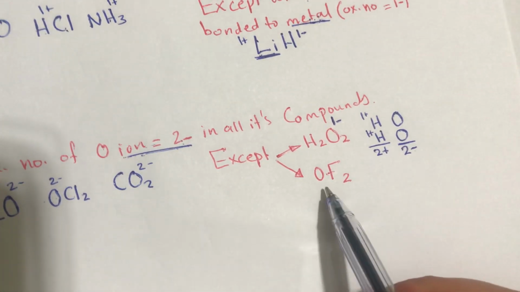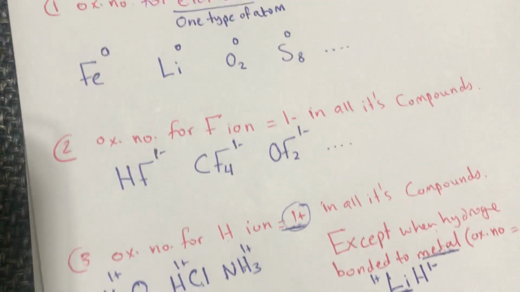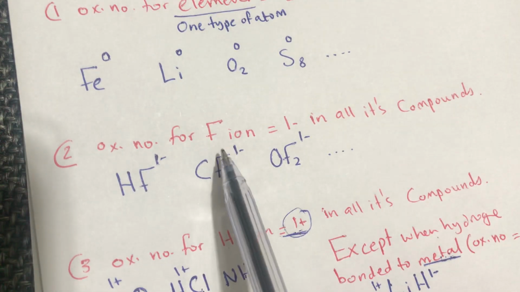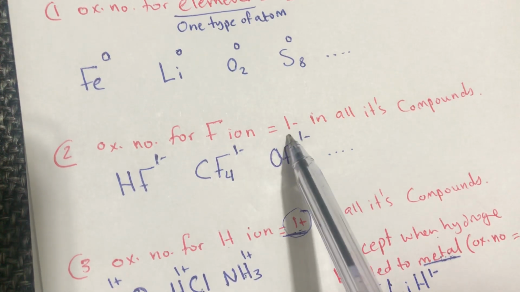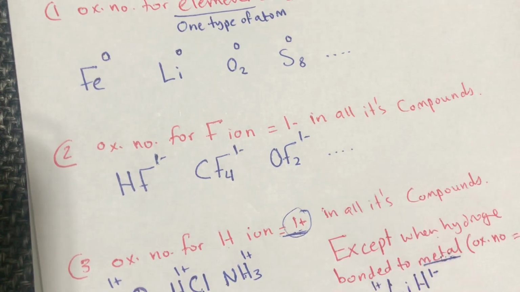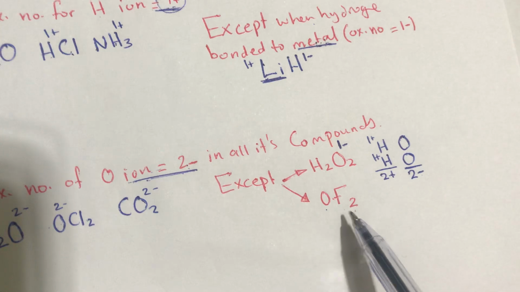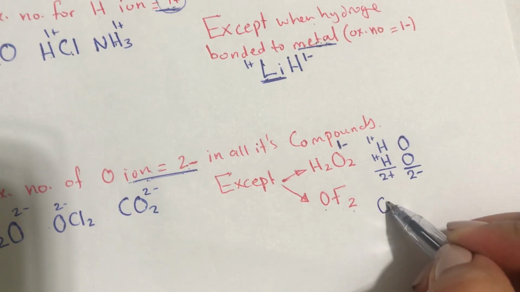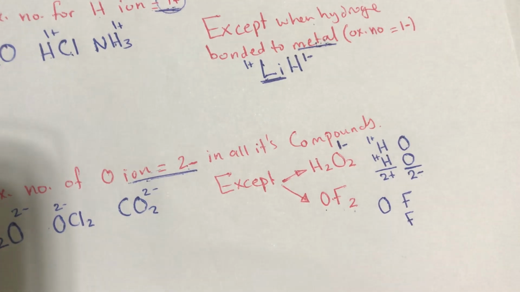And in this example, oxygen difluoride, according to rule number 2, F ion carries -1 in all its compounds. So the charge for F is -1. Here you have 1 oxygen atom and 2 fluorine atoms.